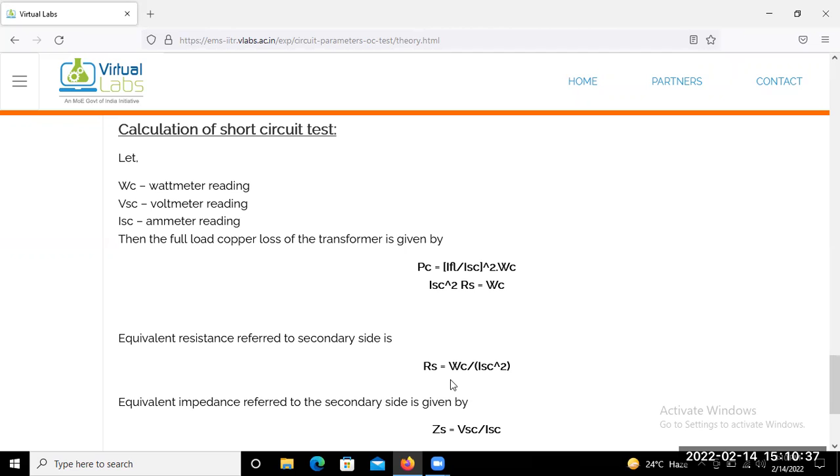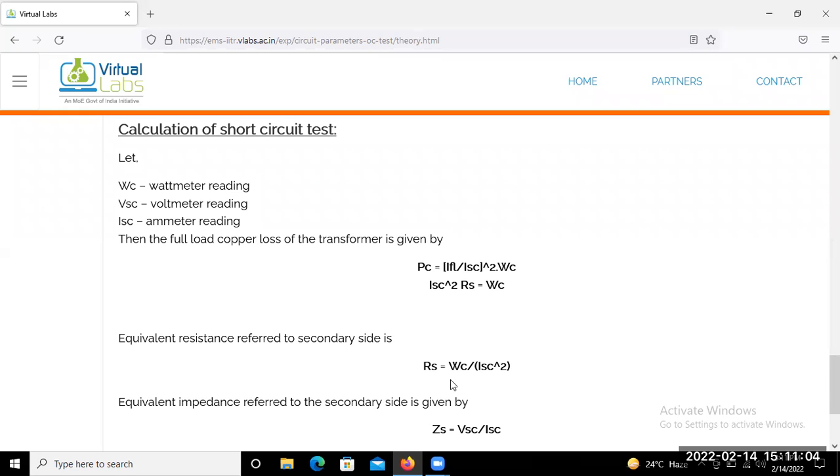Okay. So now if you want to find R1, R2, X1 and X2, R1 equals R2, equal to half of the R equivalent on the HV side. Similarly, X1 and X2 equal half of the X equivalent on the high voltage side.